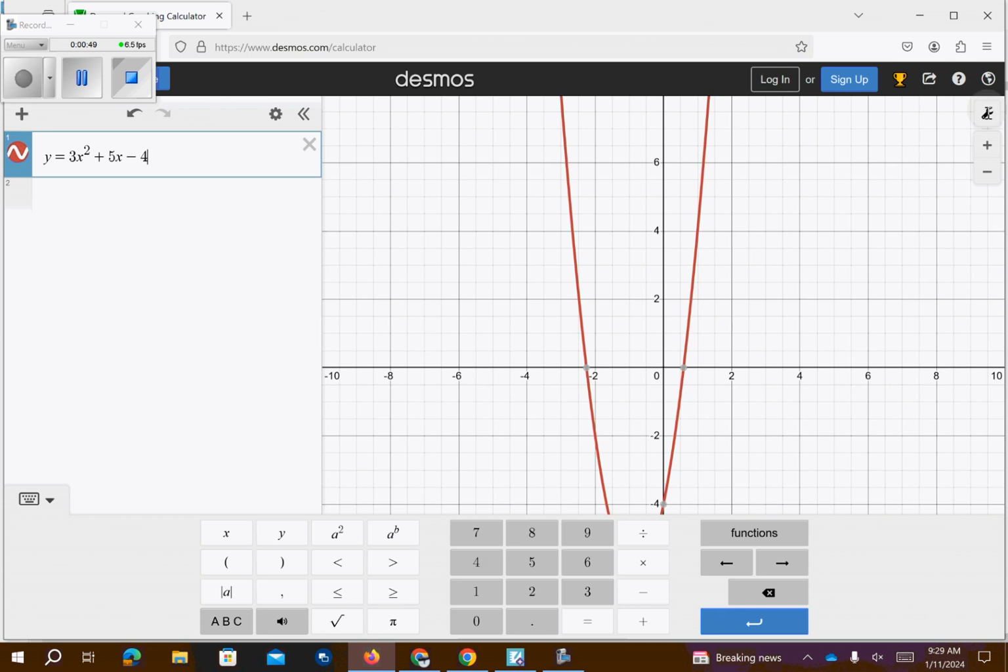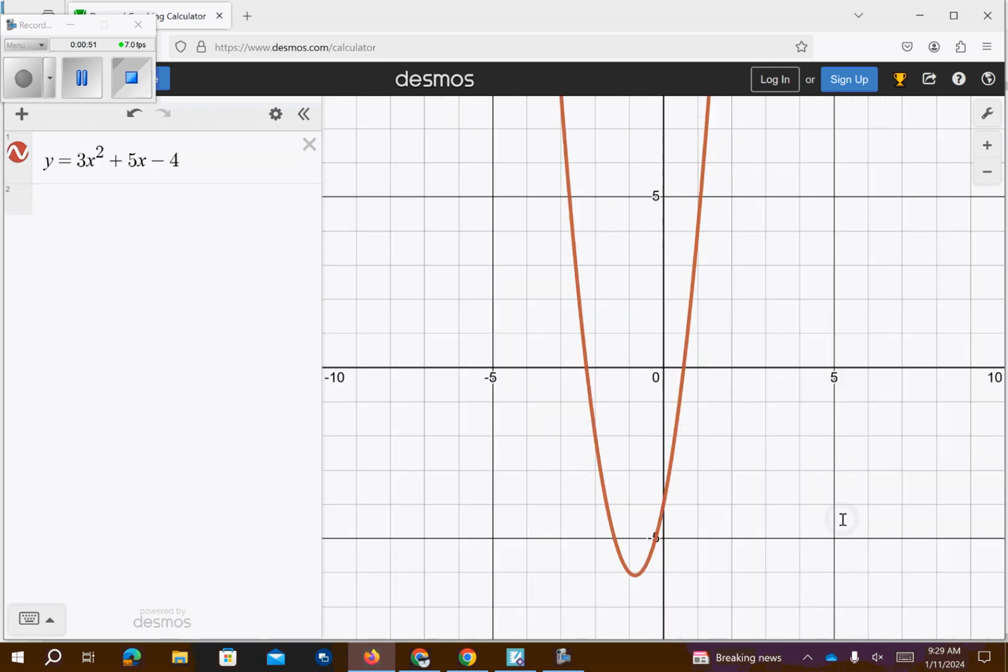Okay, and let's make that a little darker. Gosh, what fractions would those even be with? What do you think? Is this negative 9/4, you think?